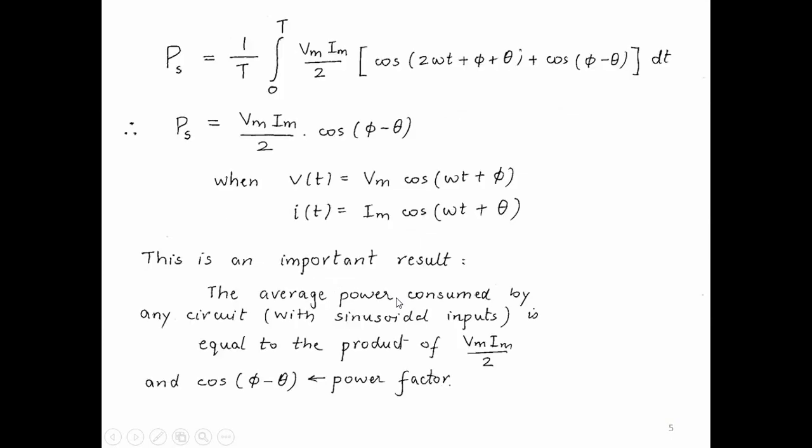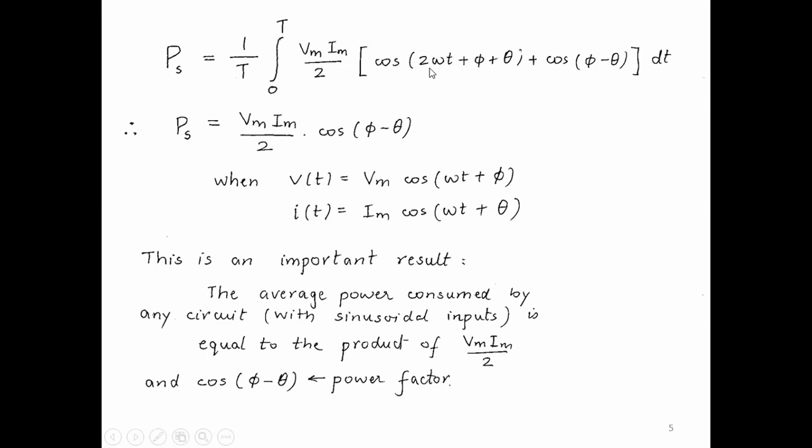So let us calculate. The power for the source is 1 by T, integral from 0 to T of Vm Im by 2 times [cos(2 omega t plus phi plus theta) plus cos(phi minus theta)]. Now if you integrate this, and I'm sure you've done this integration before, if I integrate any sinusoid over one full period, then the integral is simply 0.